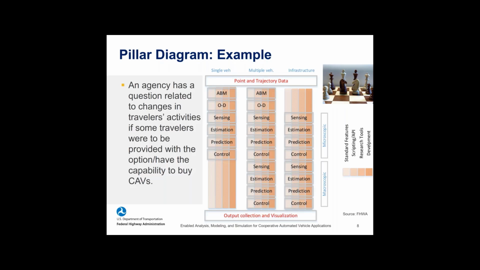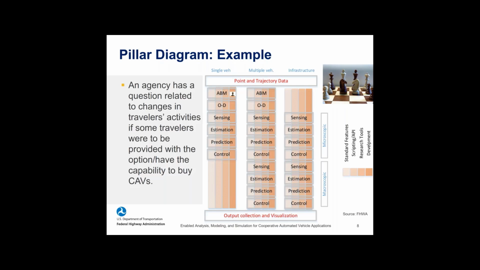So then what you do, you're looking at the pillar diagram, having that question in mind. And obviously, if you are looking at travelers' activity and changing their activity, then we are looking at the activity-based modeling aspect. Now, the question is, I have a piece that I'm going to have to place here, but is it going to be on this part, or this part, or this part, or that part, right?